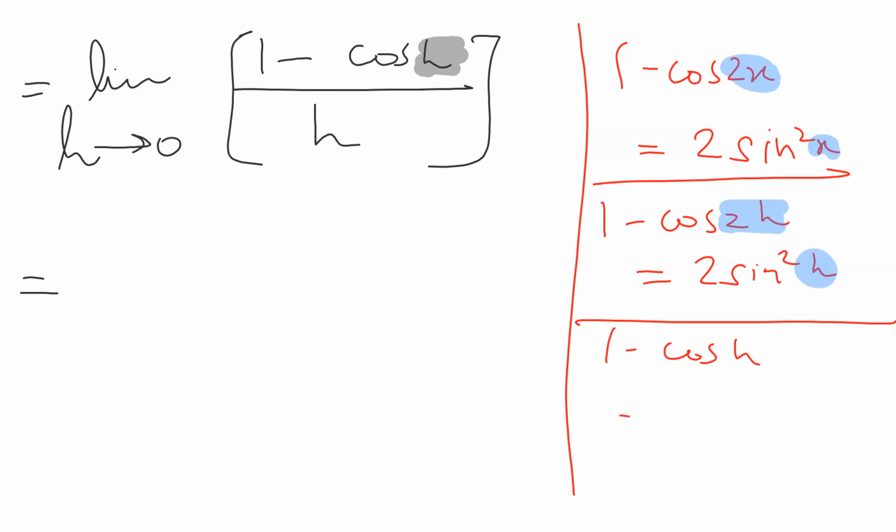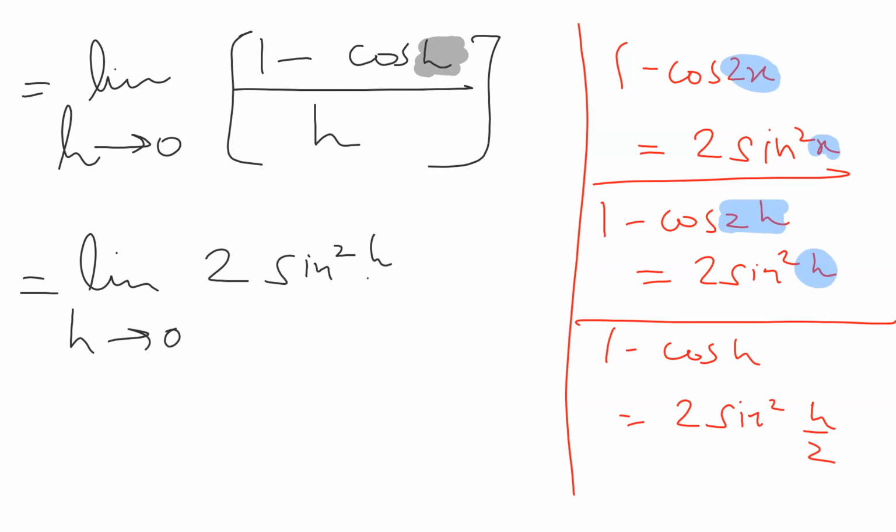So 1 minus cos h is equal to 2 sine square, half of h will be h by 2, 2 sine square h by 2. So this is limit h approaching 0, 2 sine square h by 2 upon h. Now see, the number of trigonometric functions in the numerator are 2, because there are two sines, sine h by 2 into sine h by 2, and down we are having only one h.